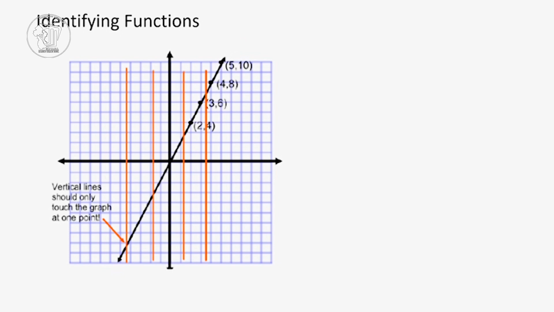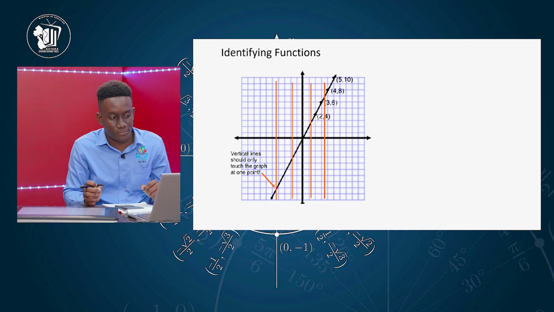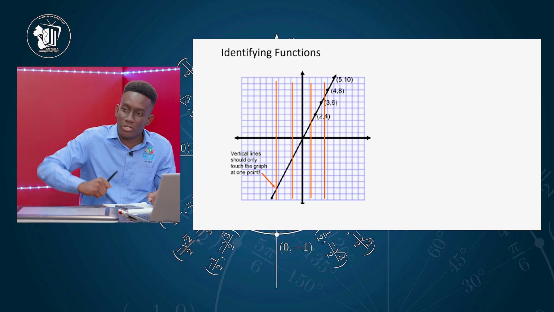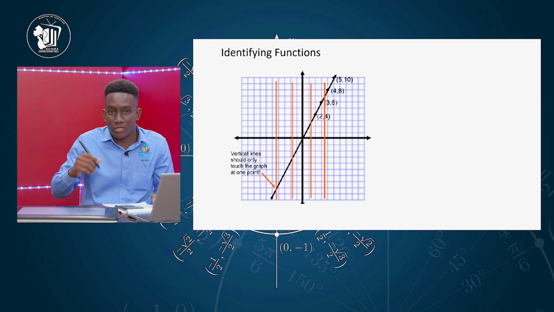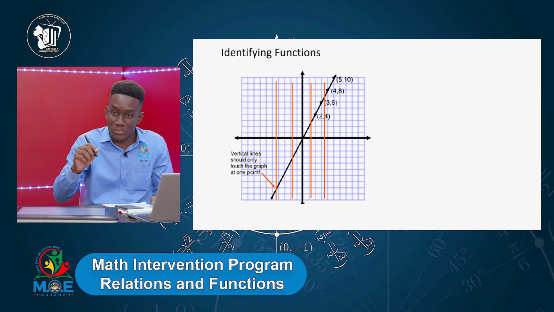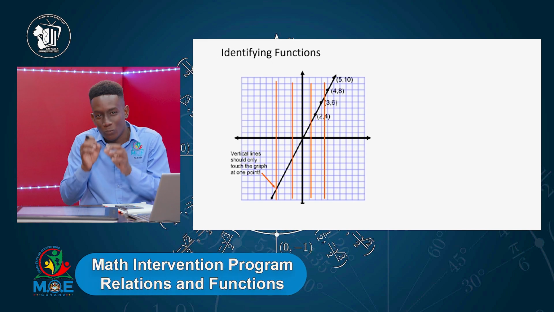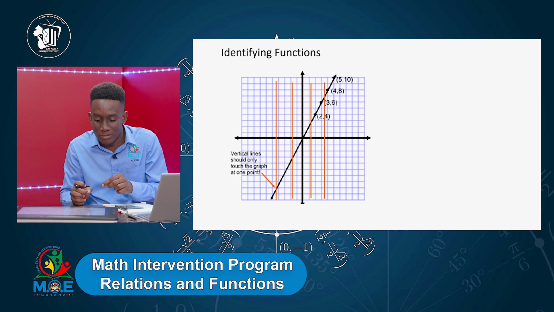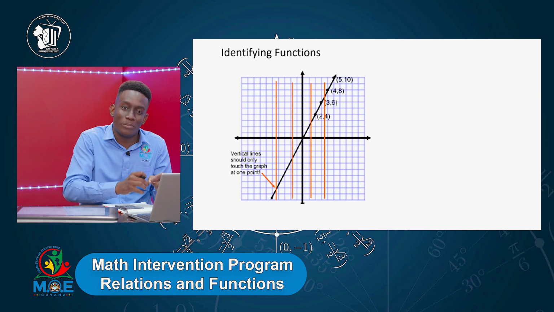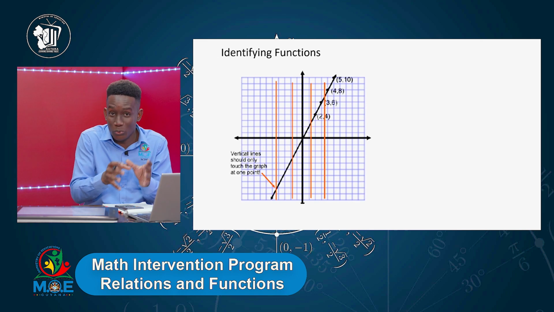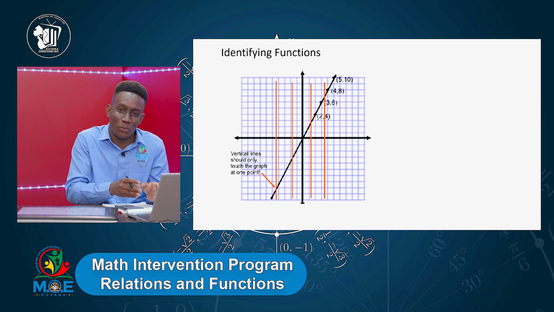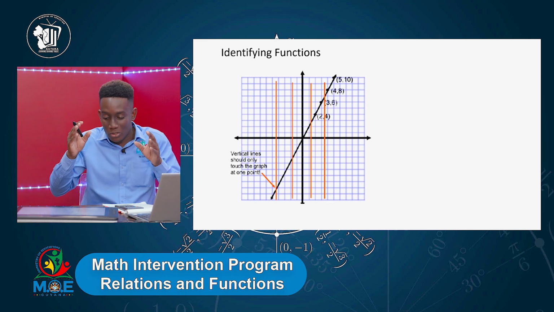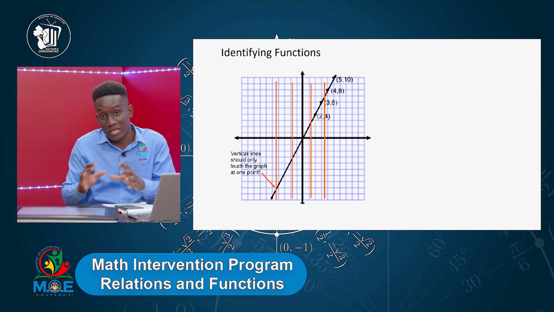Now for the vertical line test, we draw vertical lines through the function. As long as the vertical lines pass through one and only one point in the graph, then we can consider that graph to be a function.